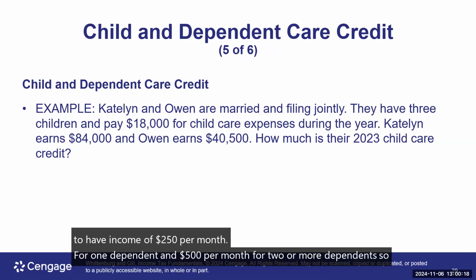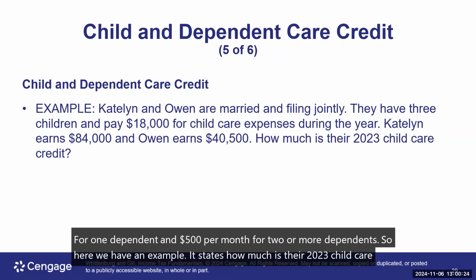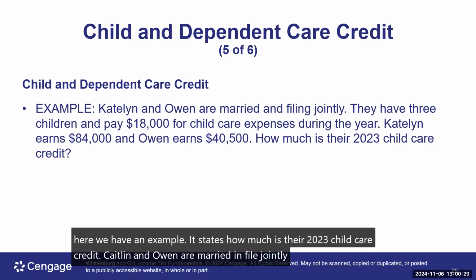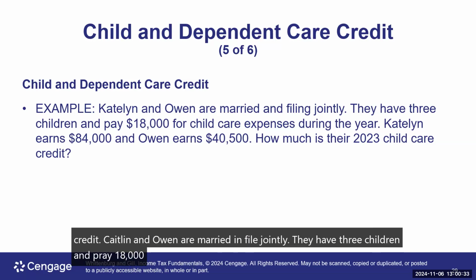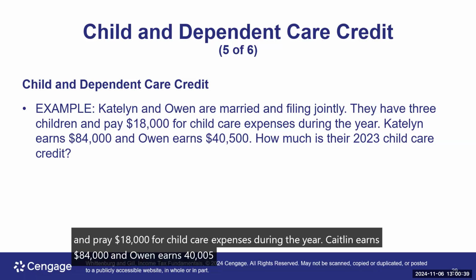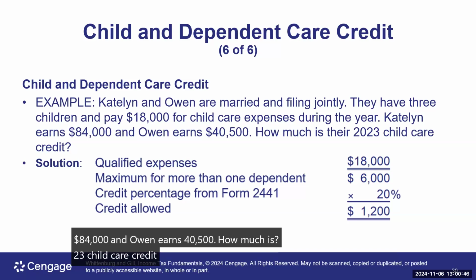So here we have an example. It states, how much is their 2023 child care credit? Caitlin and Owen are married and file jointly. They have 3 children and pay $18,000 for child care expenses during the year. Caitlin earns $84,000 and Owen earns $40,500. How much is their 2023 child care credit? So the qualified expenses here are $18,000.